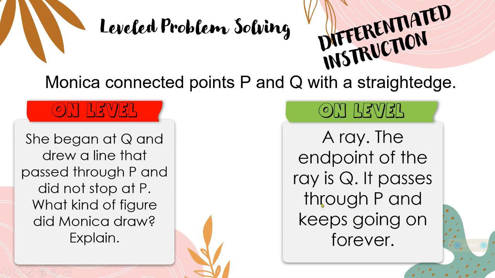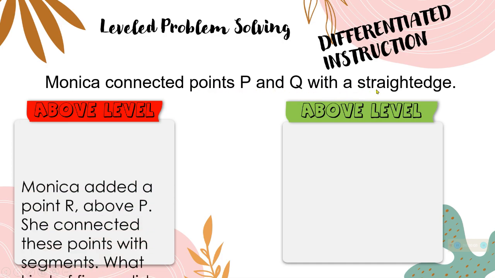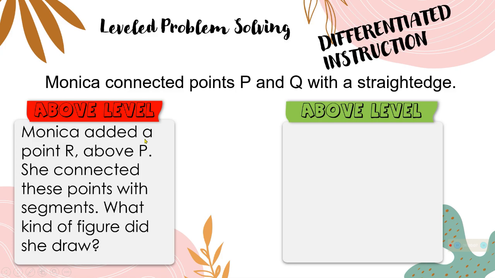Next, let's have the above level. Still, our situation is that Monica connected points P and Q with a straight edge. Monica added a point R above P. She connected these points with segments. What kind of figure did she draw?